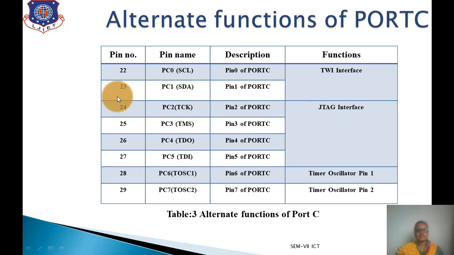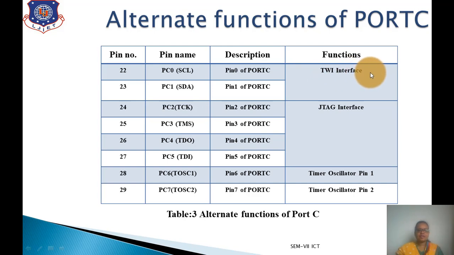So port C works as a JTAG interface. Now pins 22 to 29 stand for port C from PC0 to PC7. PC0 and PC1 have SCL and SDA for TWI interface, that is two wire interface.